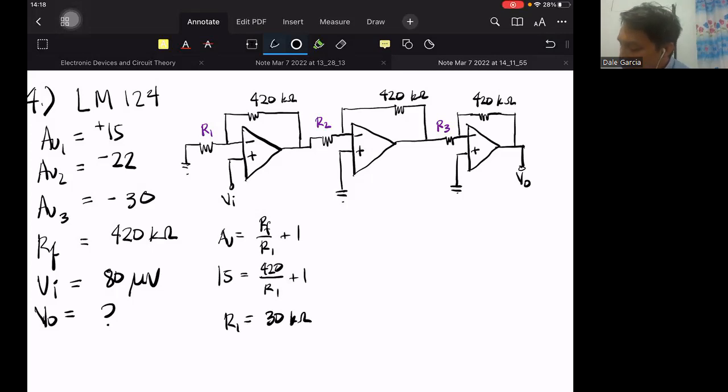How about R2? Negative RF over R2 for that one, right? 19, sir.